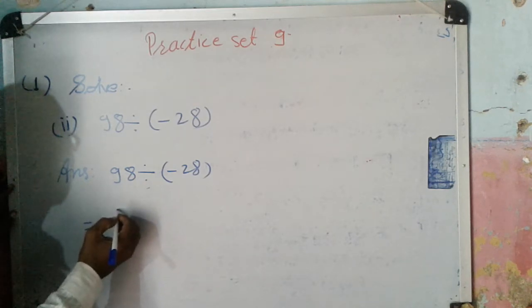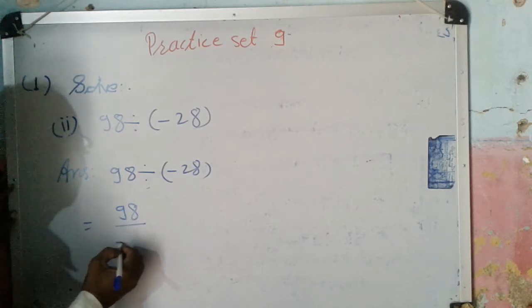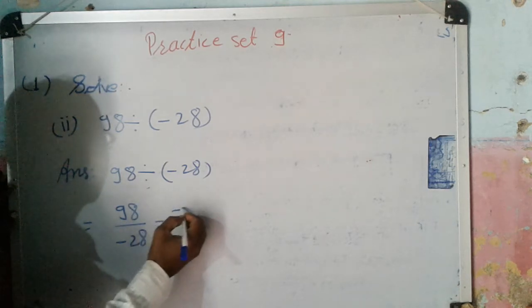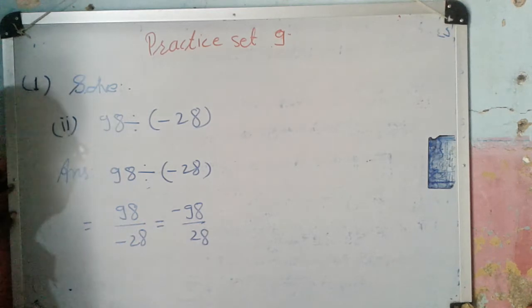So this can be written as 98 divided by minus 28. So this can be written as minus 98 divided by 28.